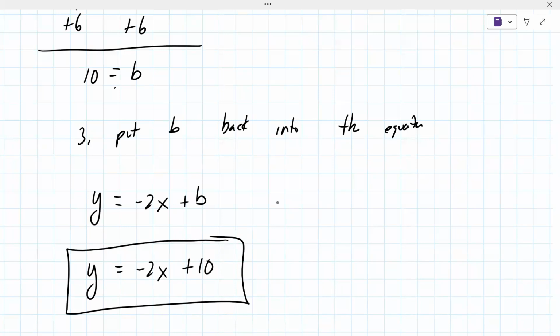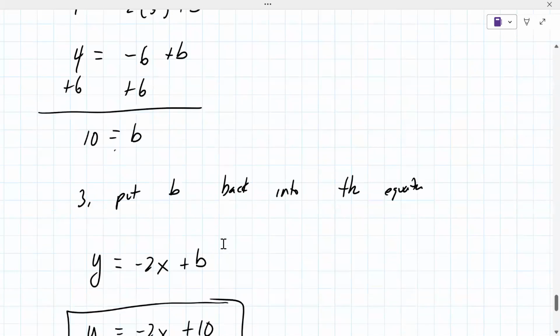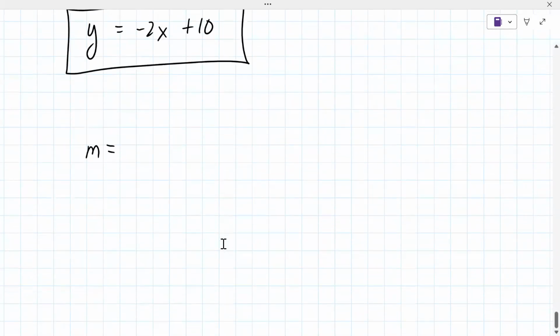So now we're going to do a couple more examples just like this, but they're all going to be the same. I'm going to give you a slope, a point, and we're going to solve for b. Let's say the slope is 3 and it goes through the point -1, comma 5.